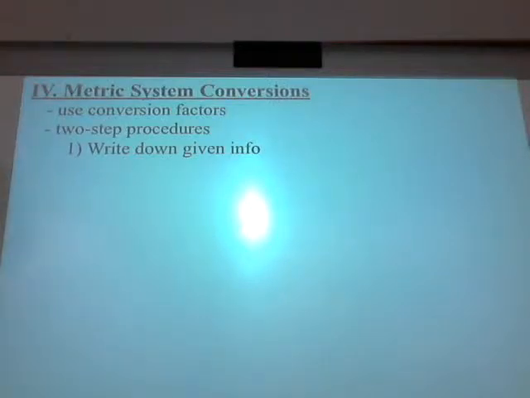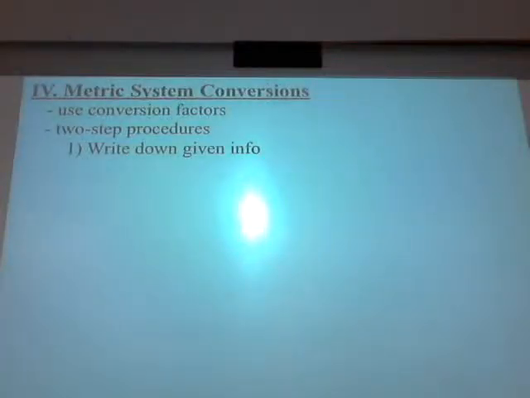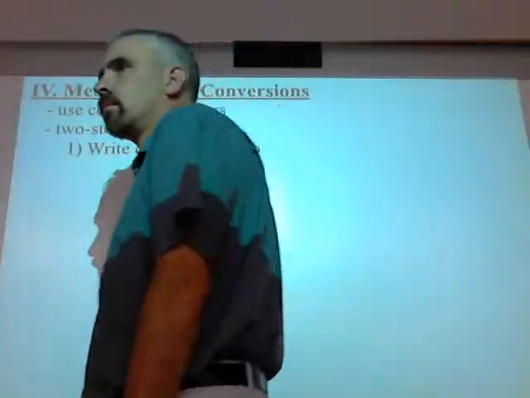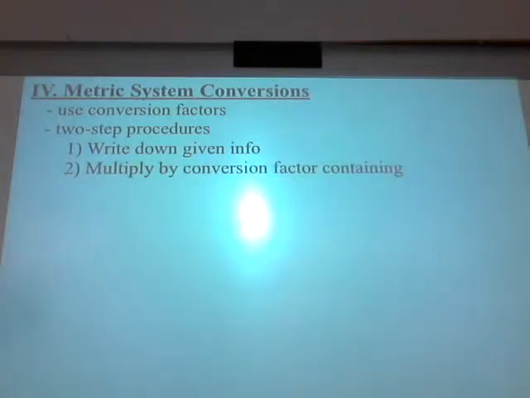So if it says, I want you to convert 5 kilometers to meters, you simply write down 5 kilometers. Like I said, a monkey could do this. It's pretty easy. But the second step is the one that involves actually a little bit of thinking. It's not hard. You're simply going to multiply by a conversion factor.